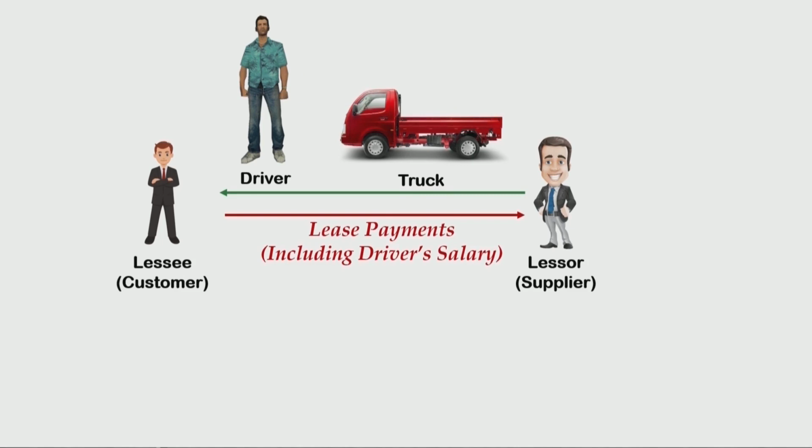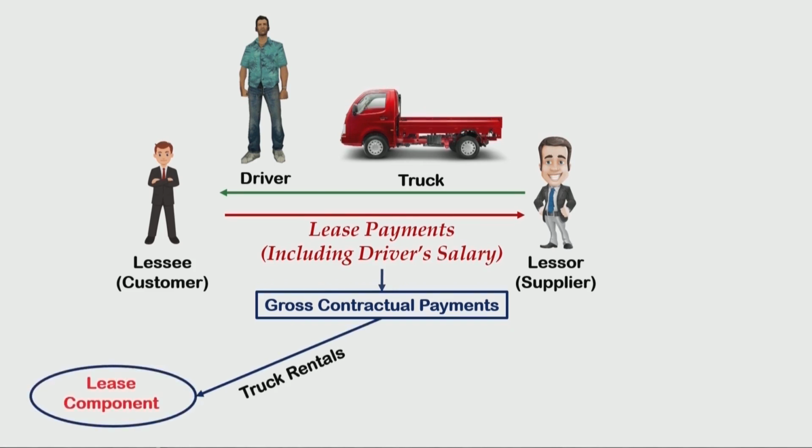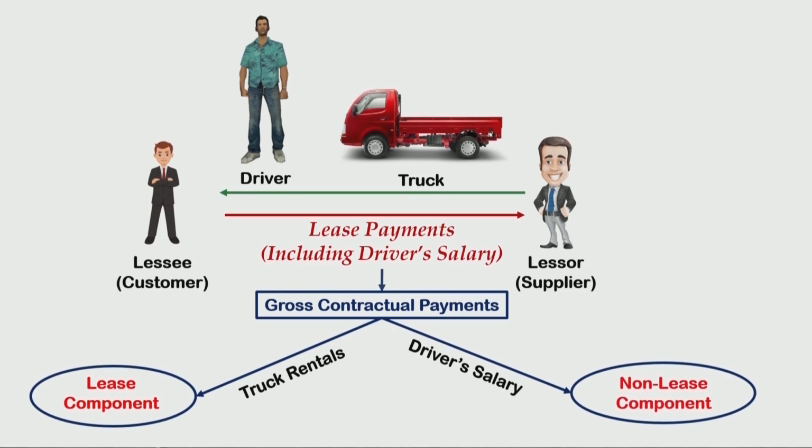So now the total lease payments can be considered as gross contractual payments, and these payments include definitely two components. One, the truck rentals, which will be considered as a lease component, and the driver's salary will be considered as a non-lease component.